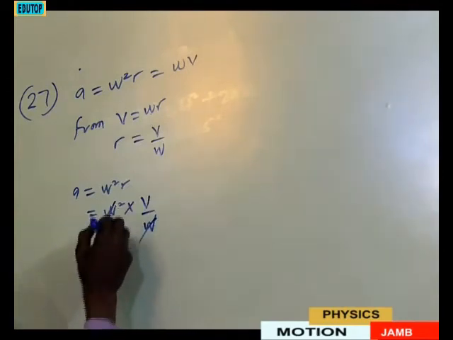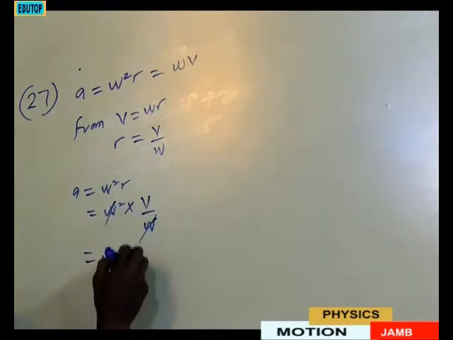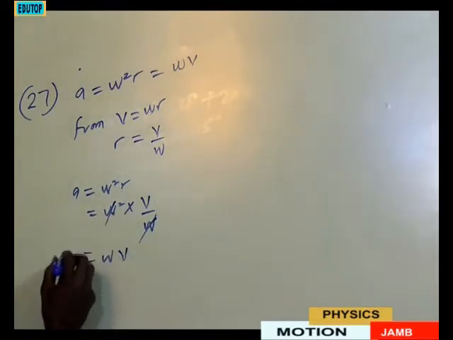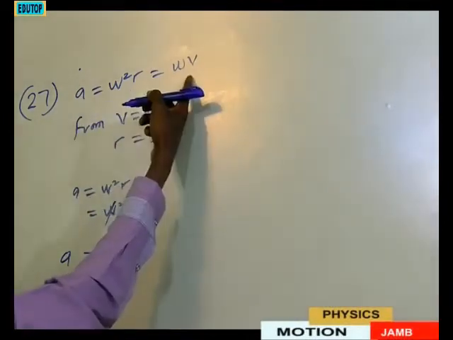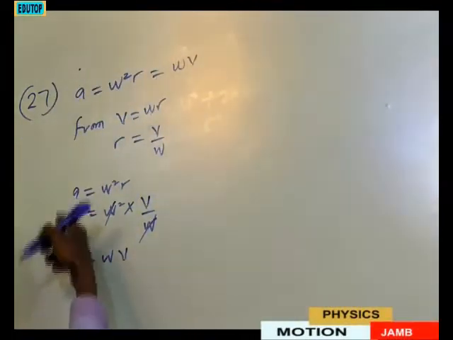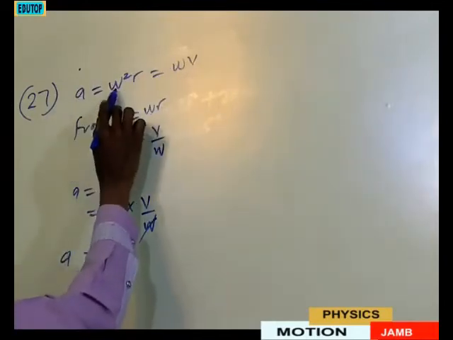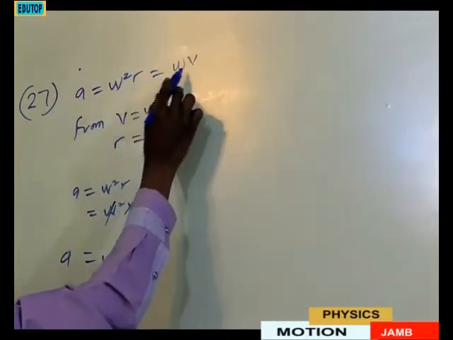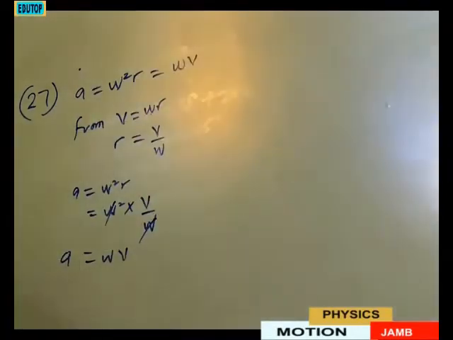Here and here, it will mean 1 omega, then times v. That is, our acceleration can also be equal to this. That's what I'm trying to bring out. So the acceleration of a body in a circular path is either omega squared r or omega times linear speed.